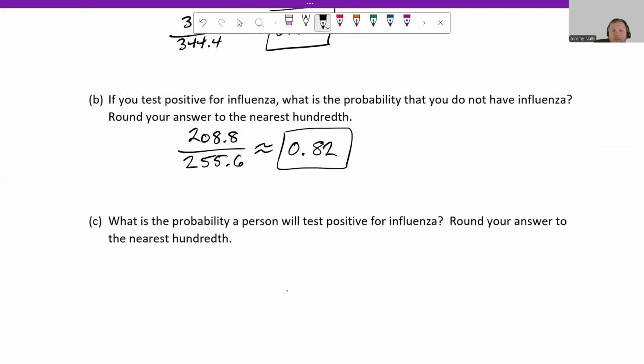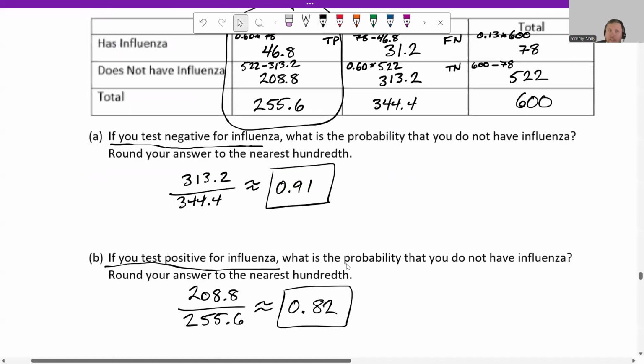Okay, what is the probability a person will test positive for influenza? There's no condition here. So those first two have these conditions. There's no if or given keyword to signal that it's going to be a conditional probability. So it's just a regular probability. So we just need the number of positive tests.